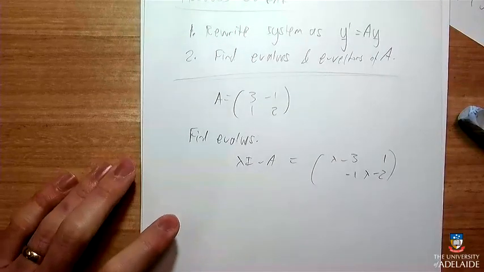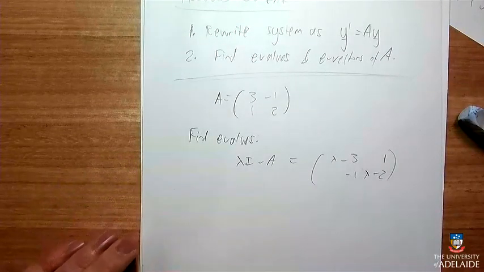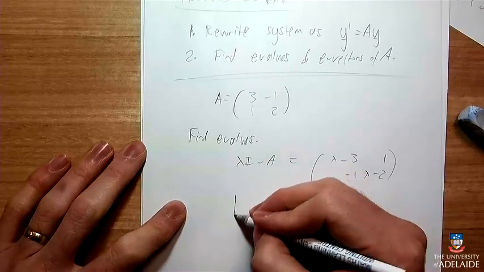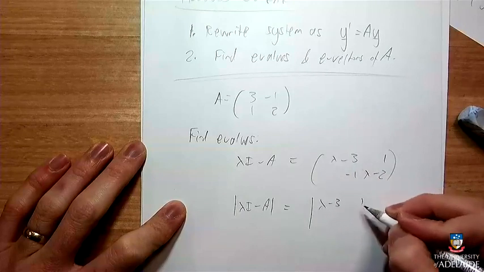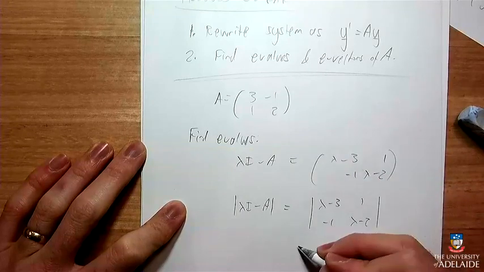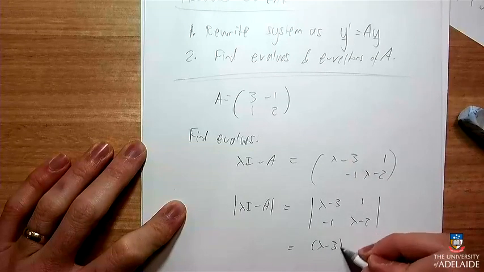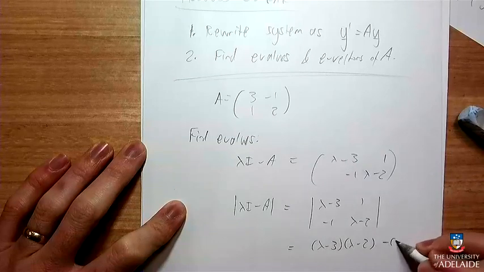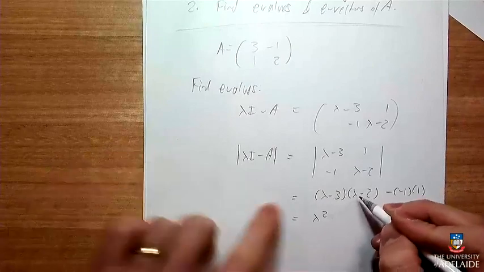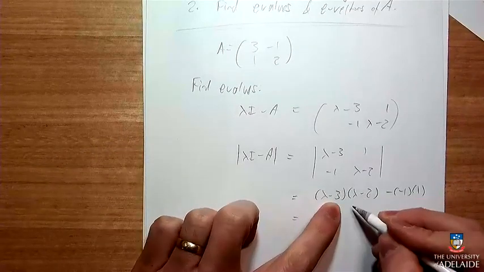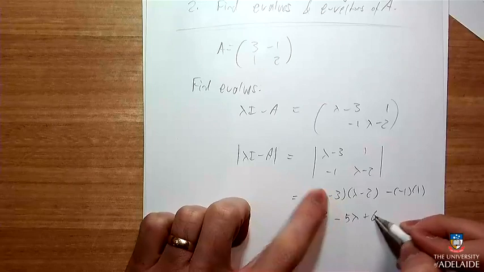Really hoping this is going to be something nice. Nah. And then we need to do the determinant of that. Lambda minus 3, lambda minus 2, minus... So what have we got? Lambda squared minus 2 lambda minus another 3 lambda plus 6.